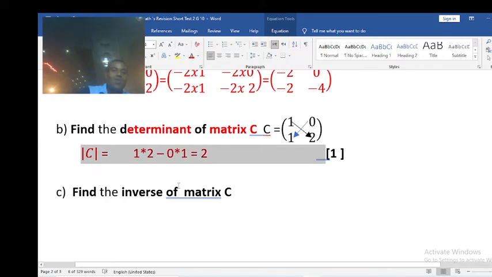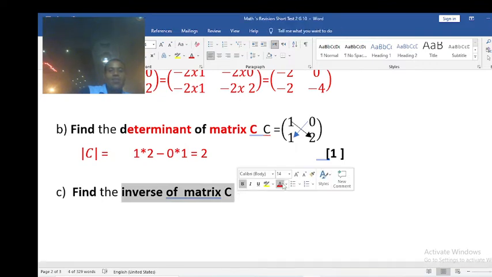Now the next one, find the inverse of the matrix C, learners. We told before that if you are going to find the inverse, you should divide your matrix by the determinant, then replace the first entry in the first row, first column, with the second entry in the second row, second column, and give minus to the other diagonal.